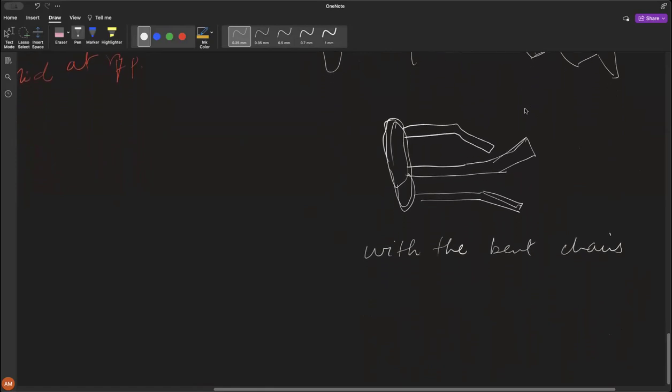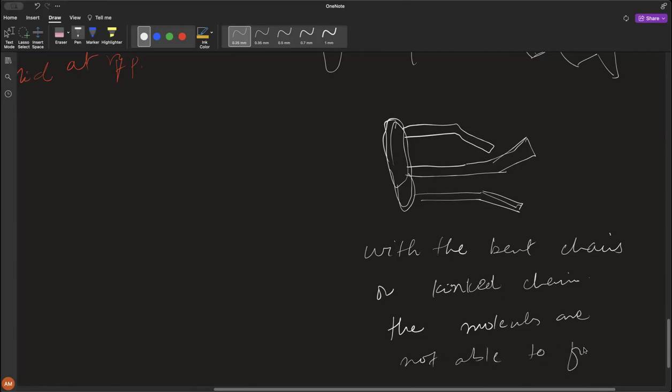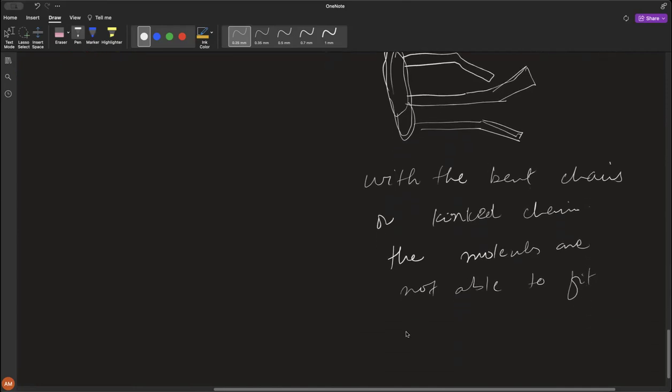With the bent chains, or you can say with the kinked chains, the lipid molecules are not able to fit tightly enough to form solids. Do you understand? So they are kind of loosely packed.